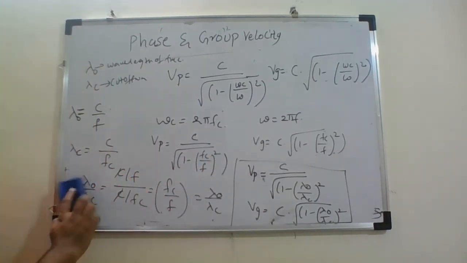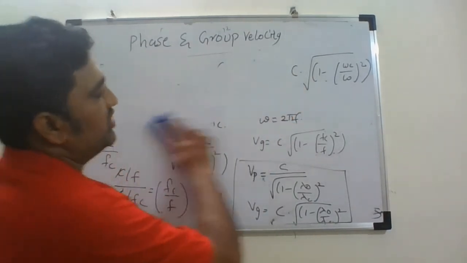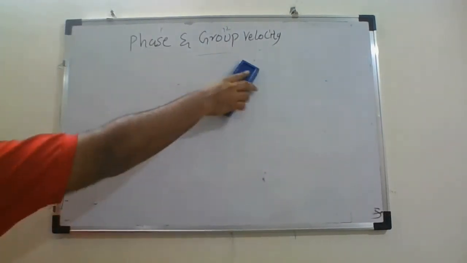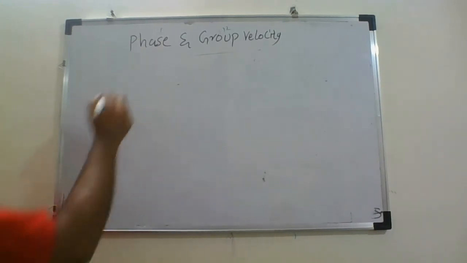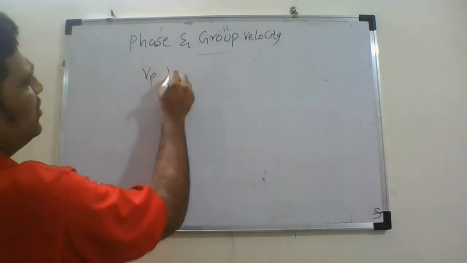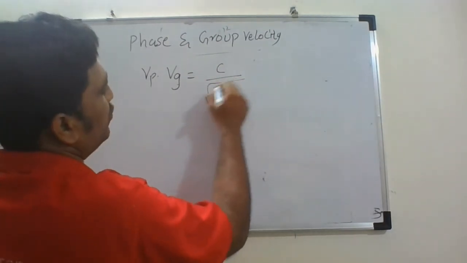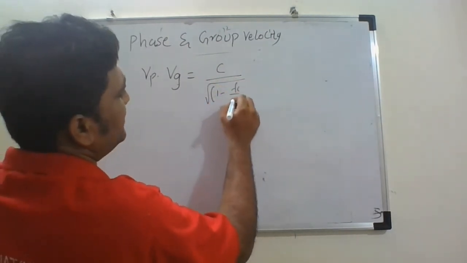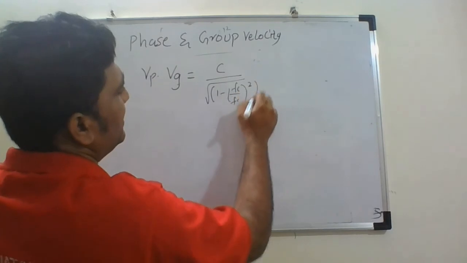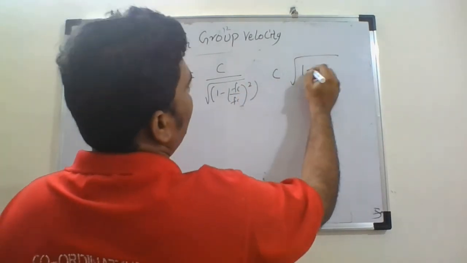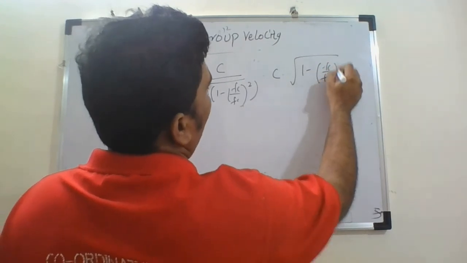Finally, one point related to this. Whenever I multiply the phase and group velocities, Vp into Vg is c into root of 1 minus (fc by f) whole square, into again c into root of 1 minus (fc by f) whole square.